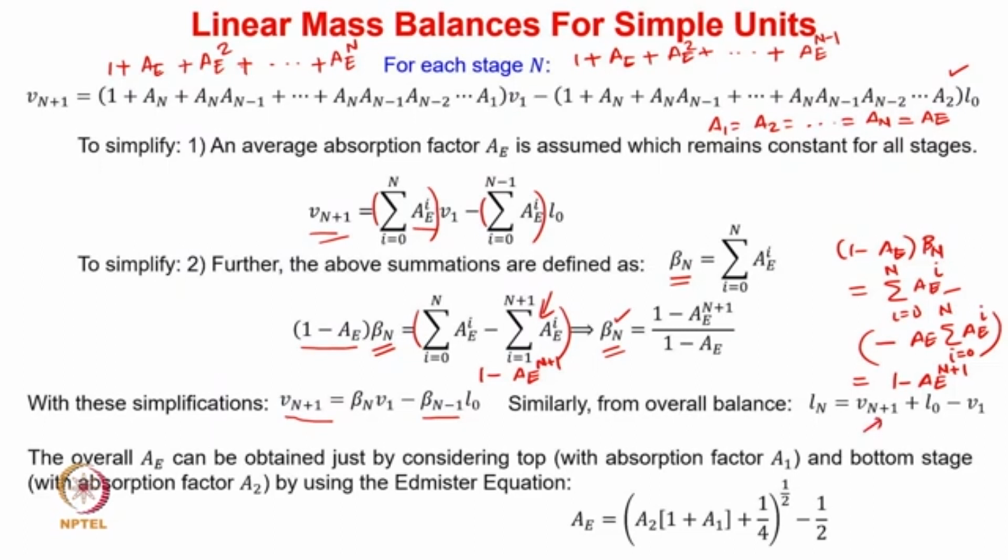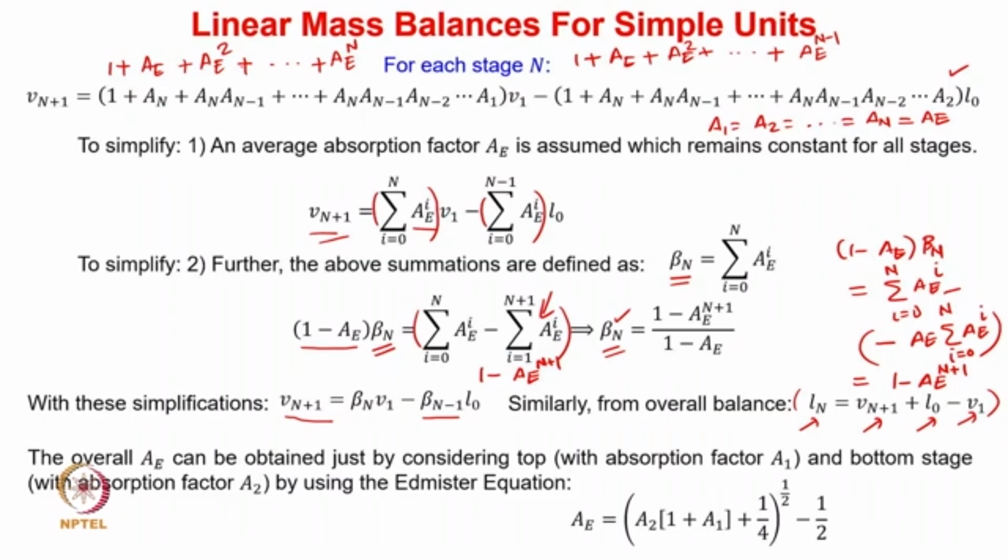The liquid coming into the absorption unit is L naught with respect to a component, and whatever is going out, the liquid going out from the absorption unit is Ln, and the vapor going out from the absorption unit is V1, and all these terms are with respect to the component. Okay, so this is the overall balance.